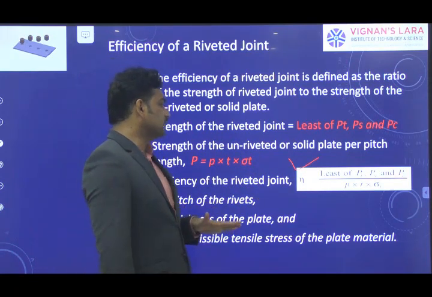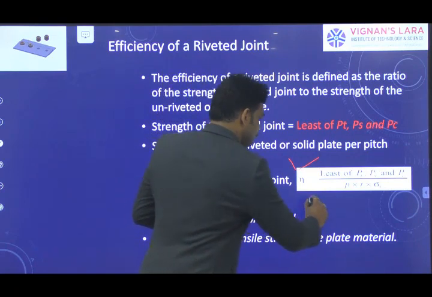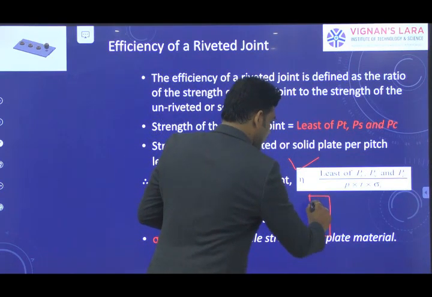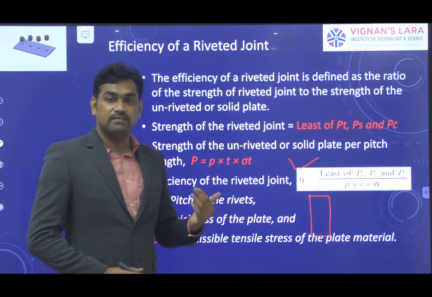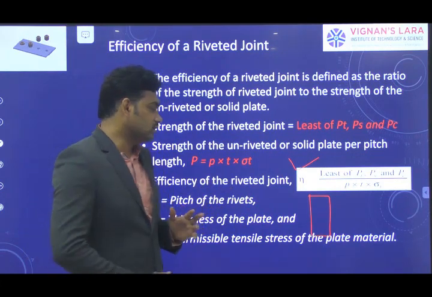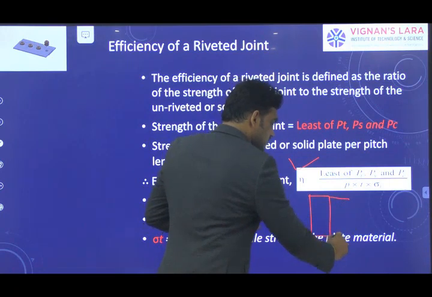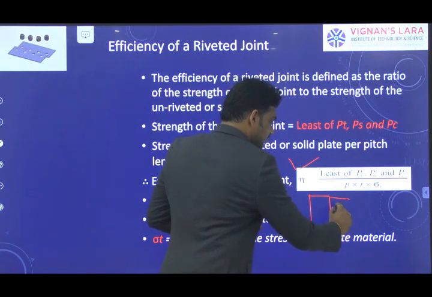While calculating the tensile strength of the riveted plate, we take the cross-sectional area by subtracting the diameter of the holes. But in the unriveted plate, no holes are drilled, so the tensile resisting area is intact.